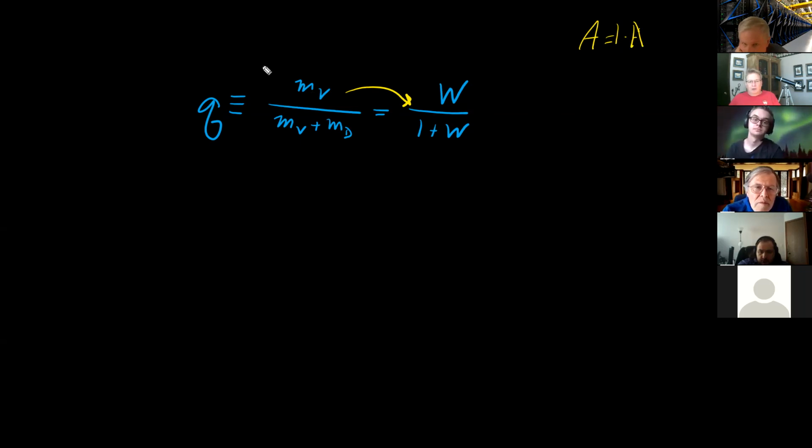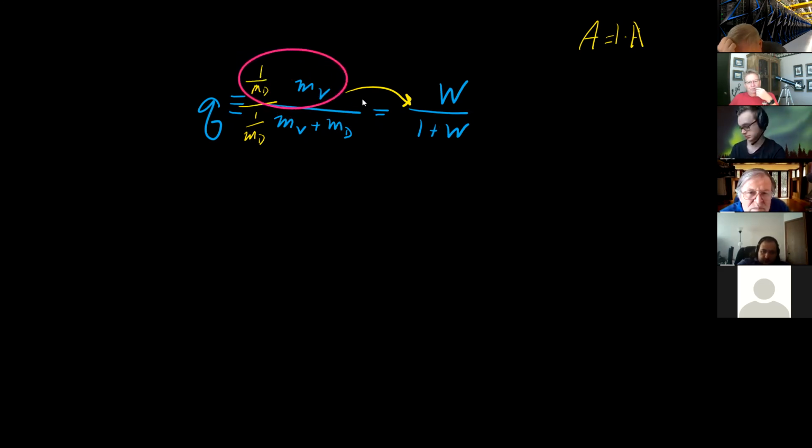So what if I multiply by 1 over the mass of dry air all over 1 over the mass of dry air? What do I have in the top? Mixing ratio, w. Right, I just have the mixing ratio in the top.